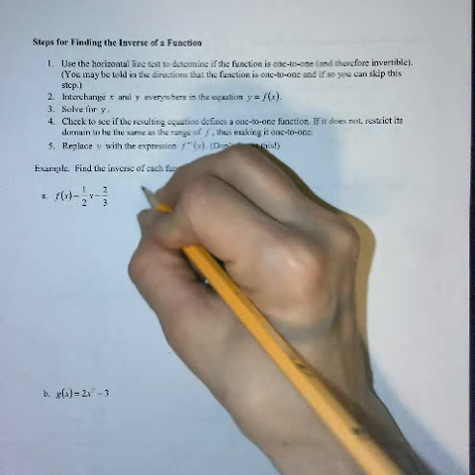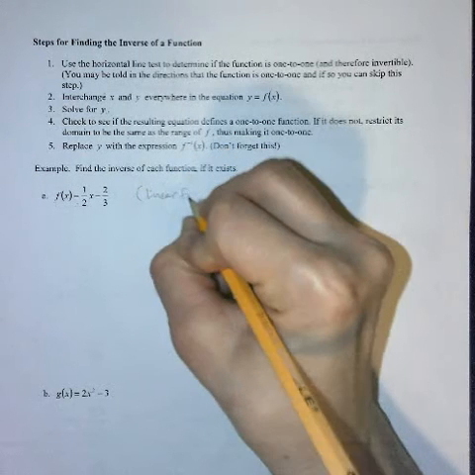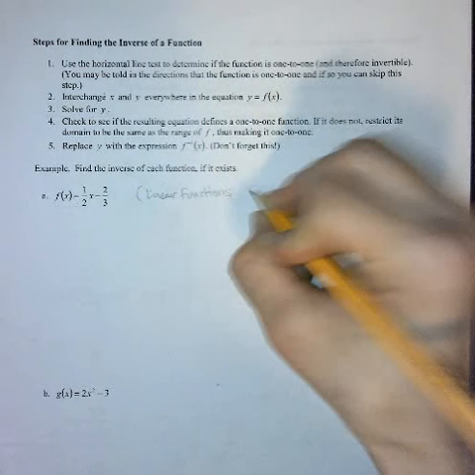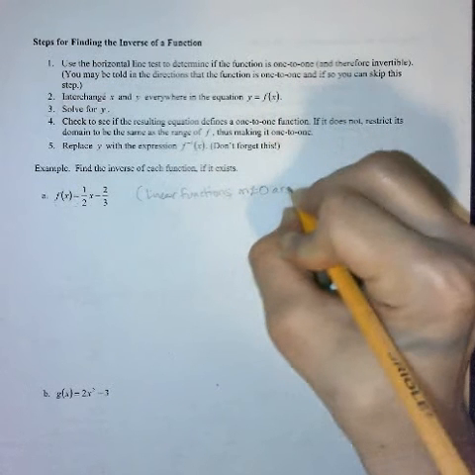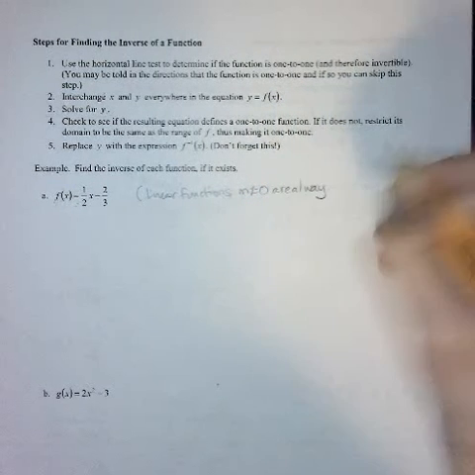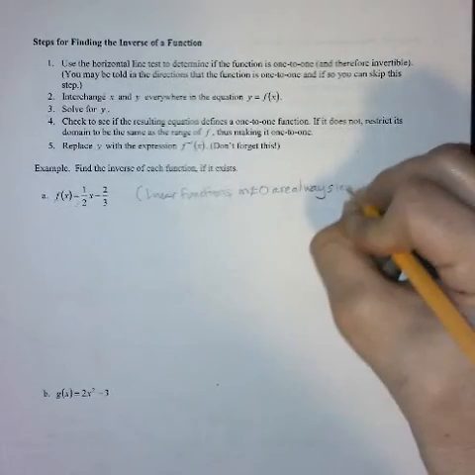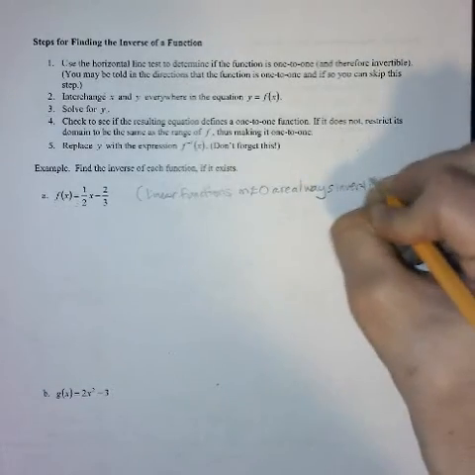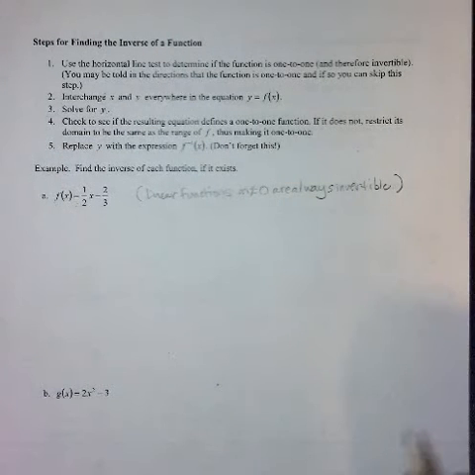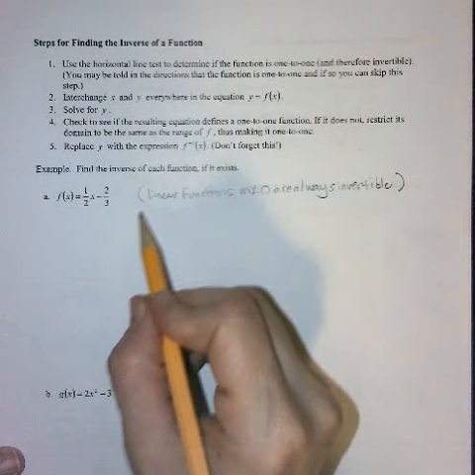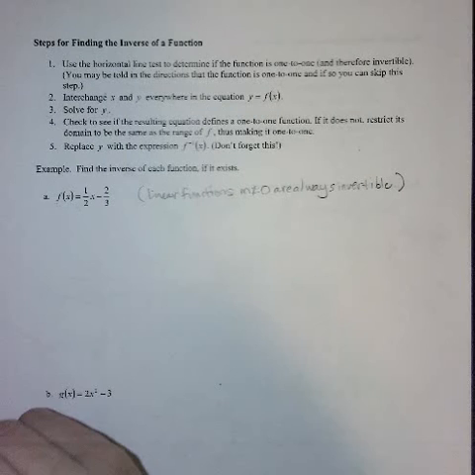So let's just put in parentheses here, linear functions with a slope not equal to 0 are always invertible. You can of course graph this, but I think we don't need to do that, and you can understand that a horizontal line is only going to cross this one time everywhere on the graph. Okay, so the inverse exists.